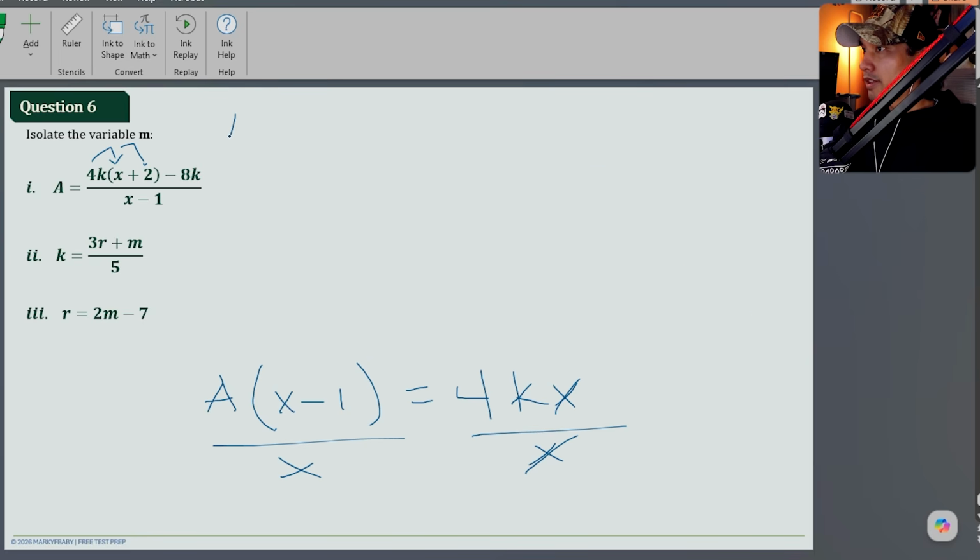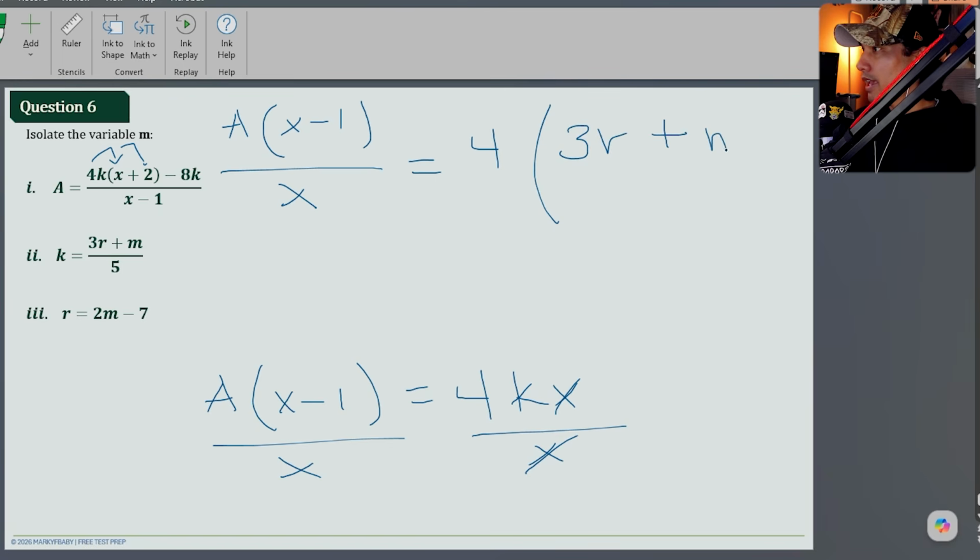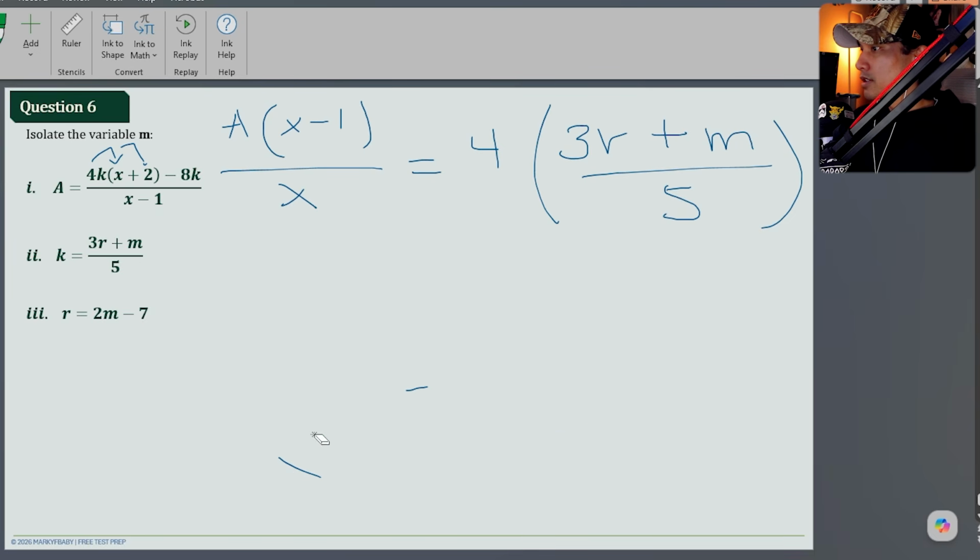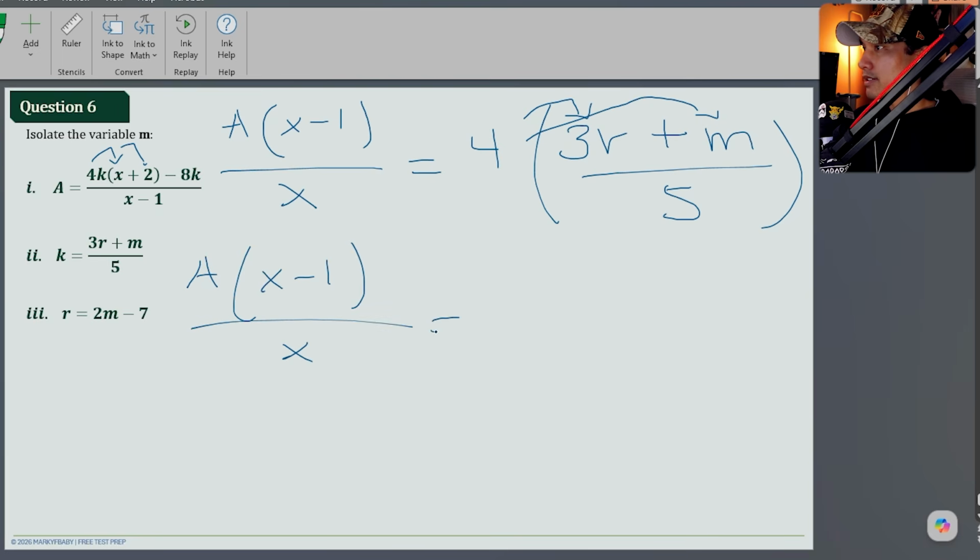And then I'm left with a(x minus 1) over x equaling 4 times (3r plus m) over 5. And then I'm going to distribute that 4 to the parentheses, giving me a(x minus 1) over x equaling (12r plus 4m) over 5.